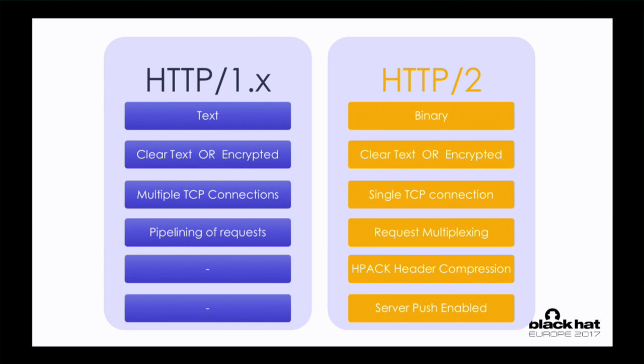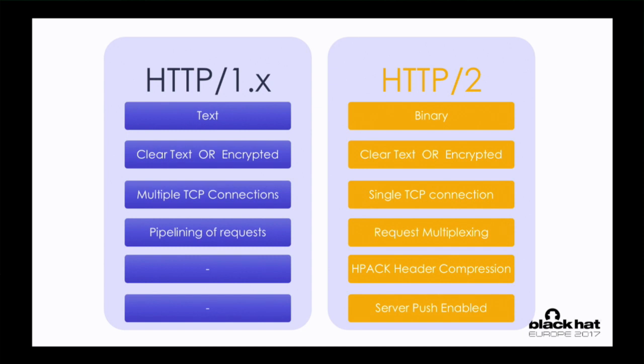Both versions could be transmitted over clear text TCP or over an encrypted channel. As for concurrency, the first version of the protocol uses multiple TCP connections and request pipelining that was introduced in HTTP 1.1, whereas HTTP 2 uses a single TCP connection and does request multiplexing.